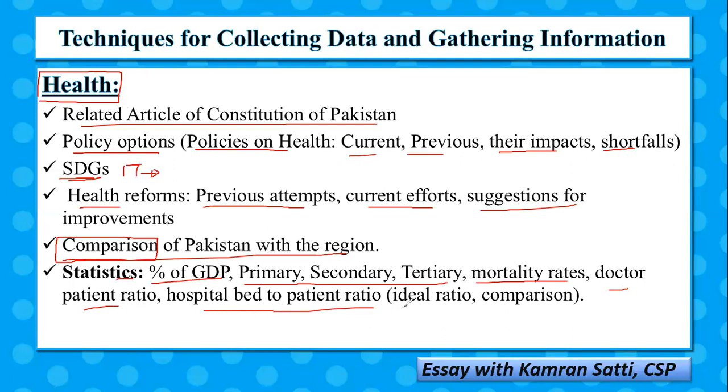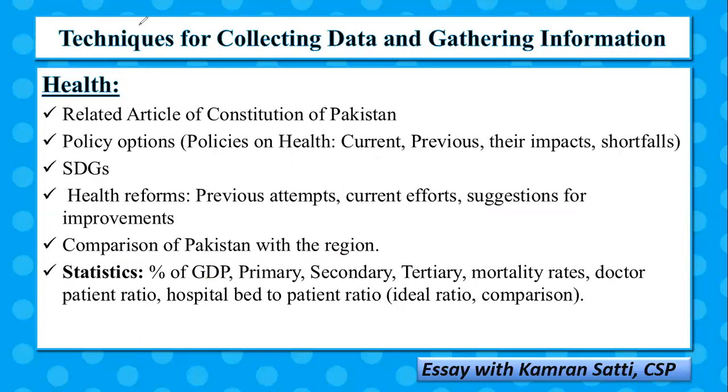What are the ideal doctor to patient and hospital bed to patient ratios, and what are these ratios in Pakistan? Compare these ratios with, let's suppose, the region, South Asia, with India. The more comparison you make, the more solid your argument would be.